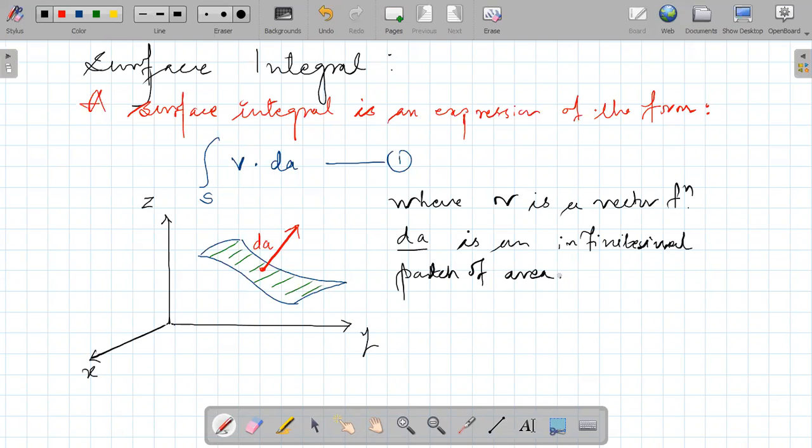Take a small part with area dA and with direction perpendicular to the surface.